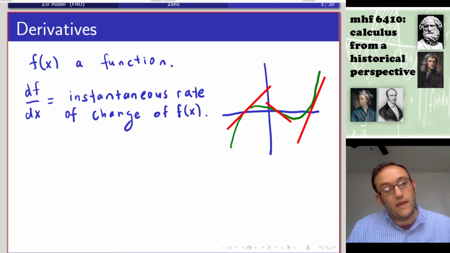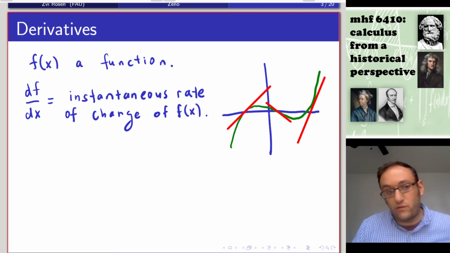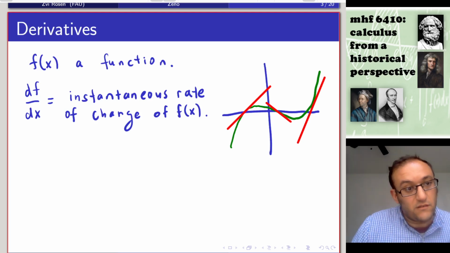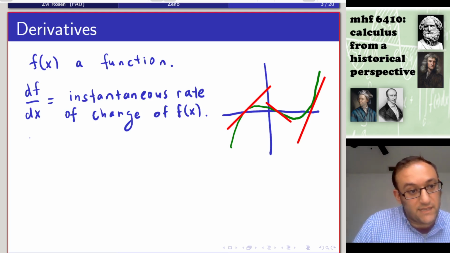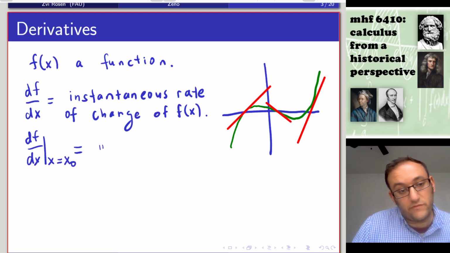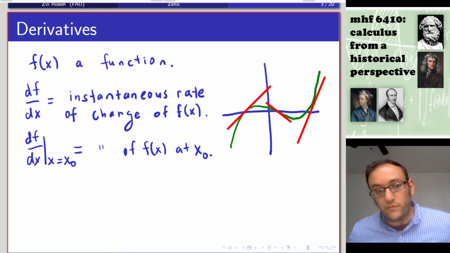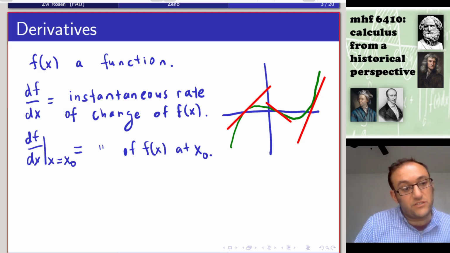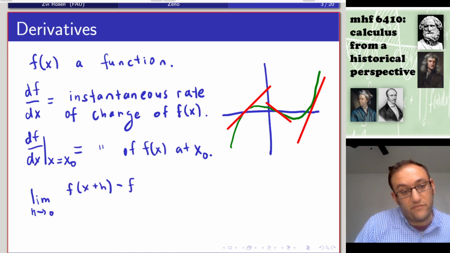Okay? And in particular, if you're interested in the value of this derivative at a point x naught, let's say, that'll be the rate of change of f(x) at x naught. Okay? And this is defined in terms of a limit. It's defined as the limit as h approaches 0 of f(x plus h) minus f(x), divided by h.